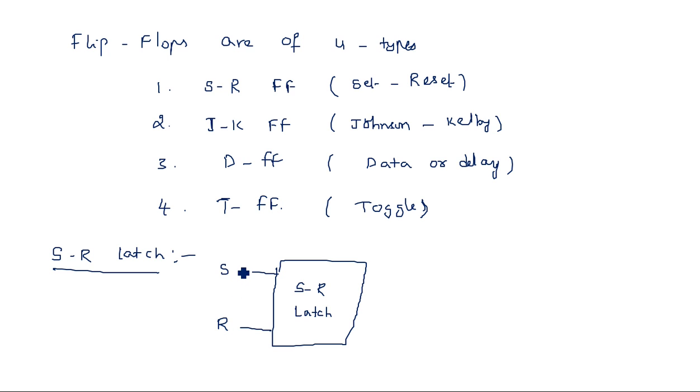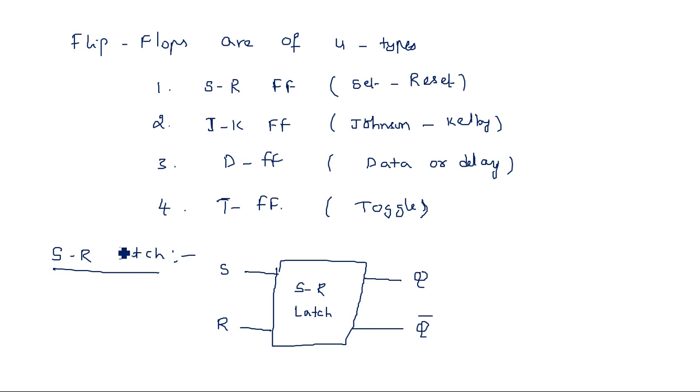When S is equal to 1, output sets to 1. When R is equal to 1, output resets to 0. Reset is enabled, that means output is equal to 0. And two outputs are there, Q and Q bar. Irrespective of the flip-flops or latches, the output of that particular memory element is always a true form and a complement form, Q and Q bar.